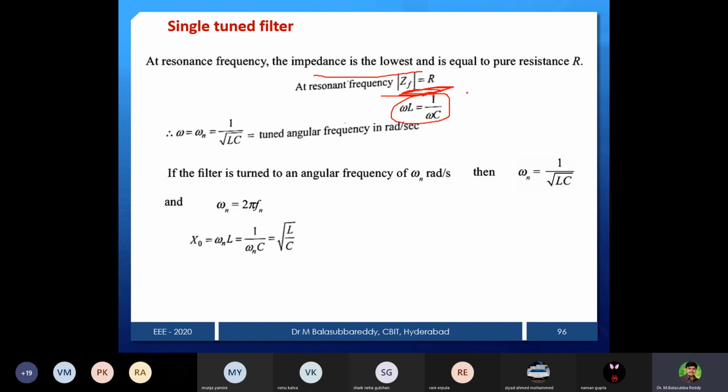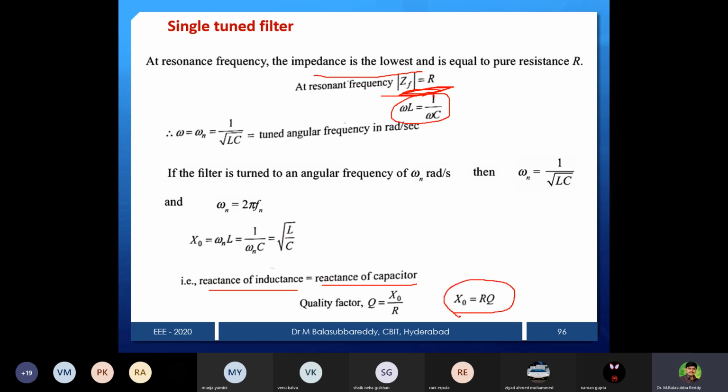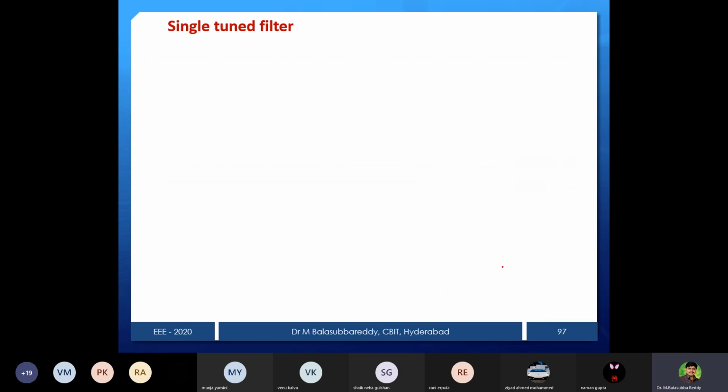Then under the resonance condition, you can see that X naught is equal to omega n L. That means the reactance of the inductance is equal to the reactance of the capacitance. So that gives X naught equal to root of L by C, and from the quality factor I can write X naught is equal to R into Q. Now, the deviation of the resonance frequency for frequency omega other than the tuned frequency.